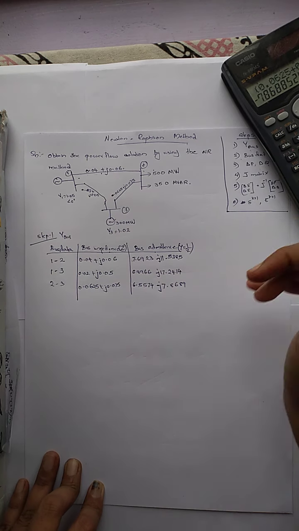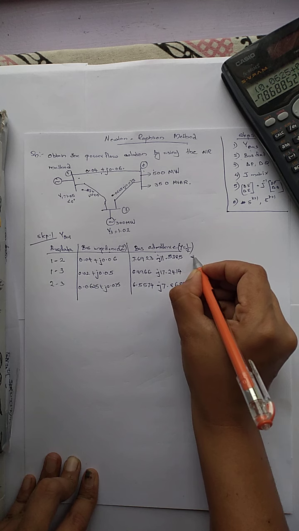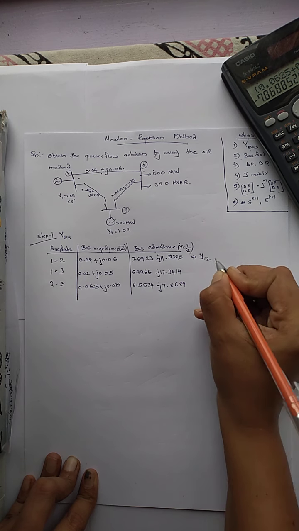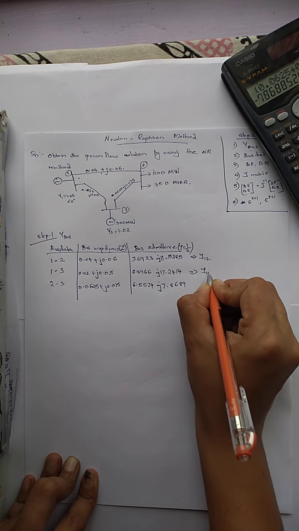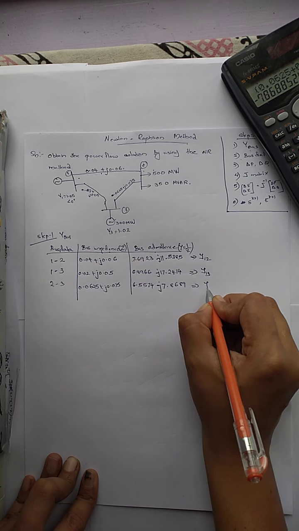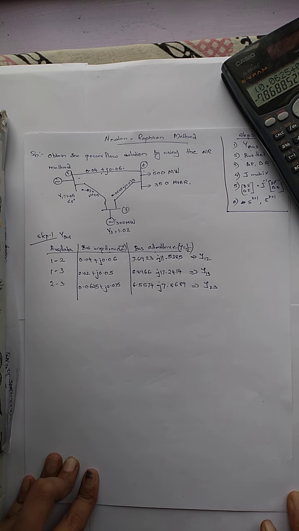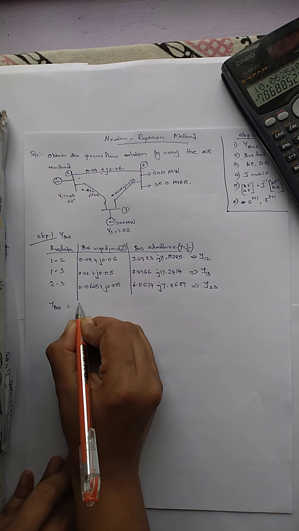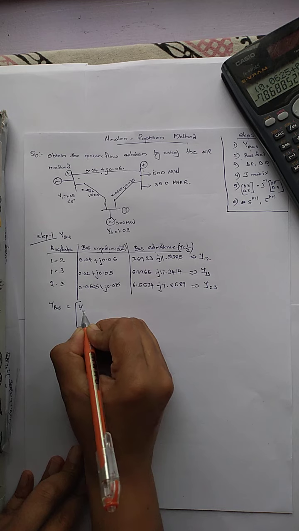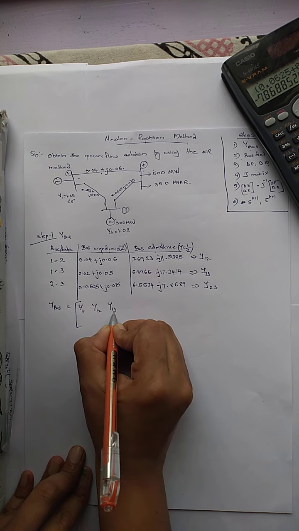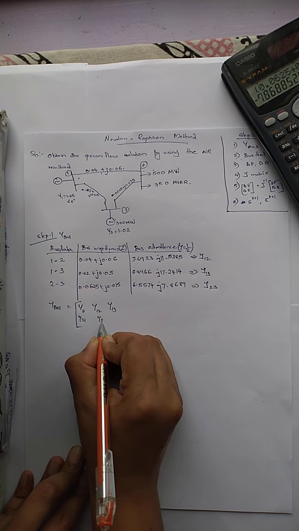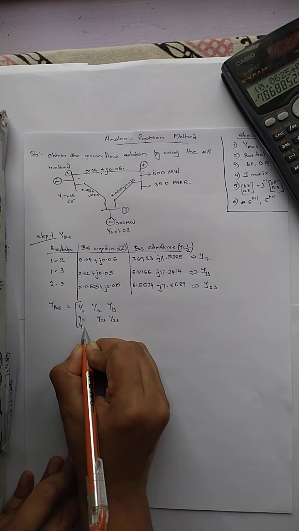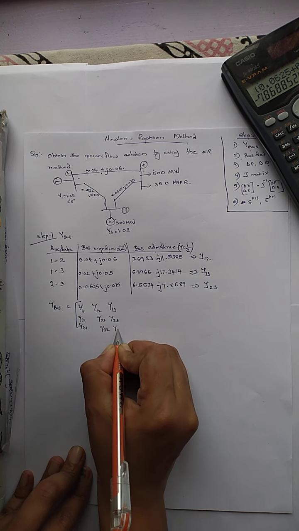So this is my y12 value, this is my y13 value, and this is my y23 value. This power system is a 3-bus system, so my Y-bus matrix will be a 3 by 3 matrix, that is y11, y12, y13, y21, y22, y23, y31, y32 and y33.